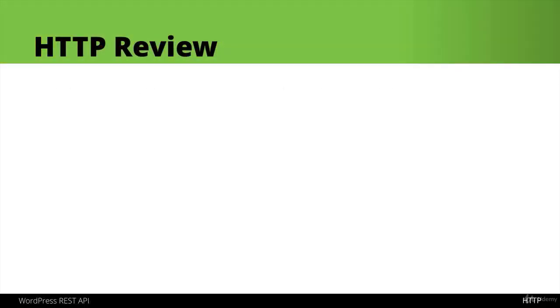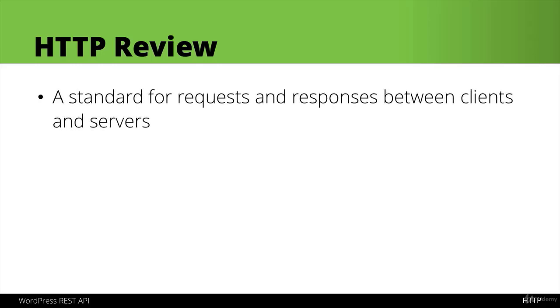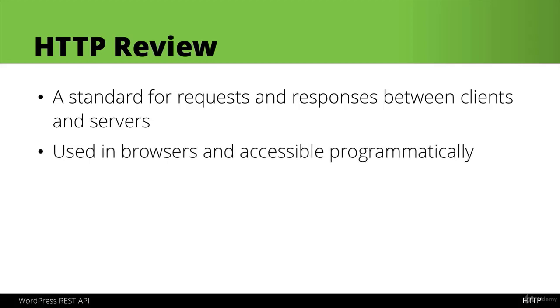So as mentioned, this is a lot that we have covered at this point, but let's just do a brief little review here to wrap it up and bring out the essential points. First of all, HTTP is a standard for requests and responses between clients and servers, and it's used in browsers, but it's also accessible programmatically.